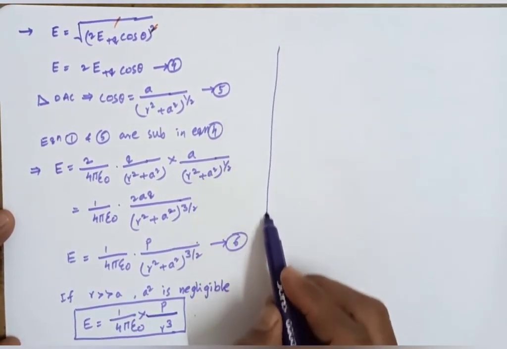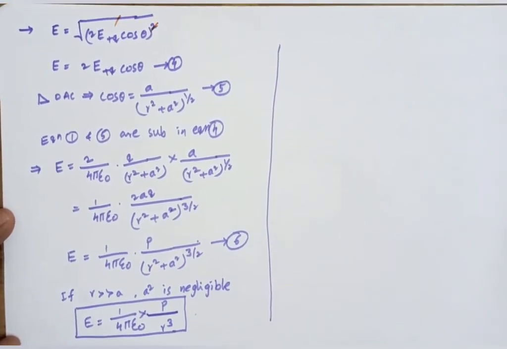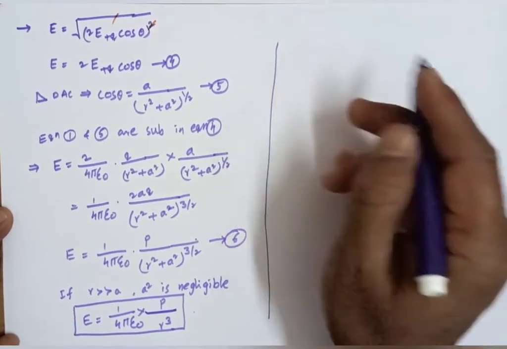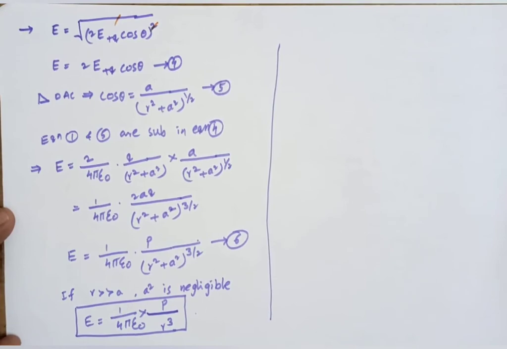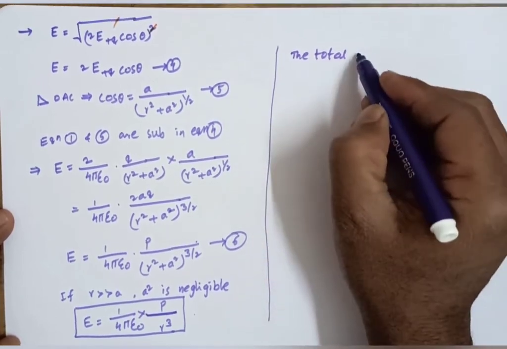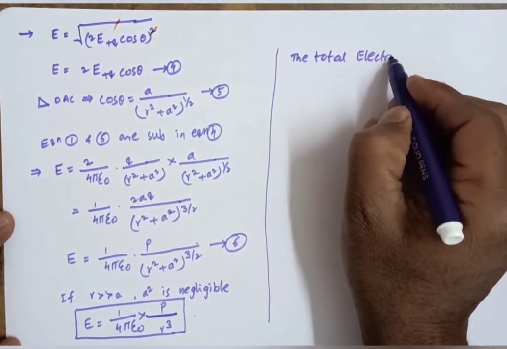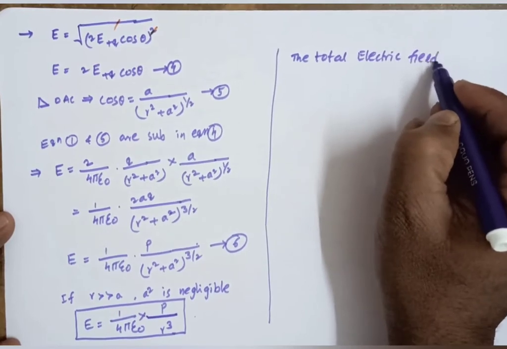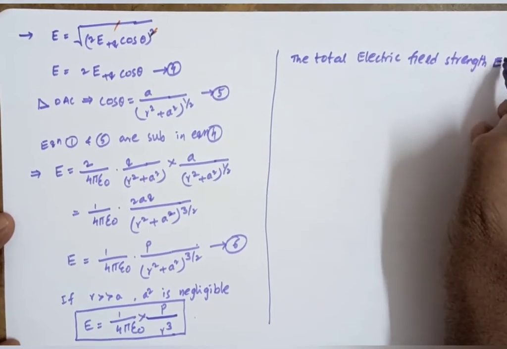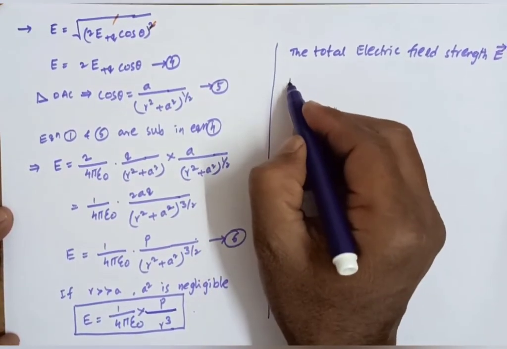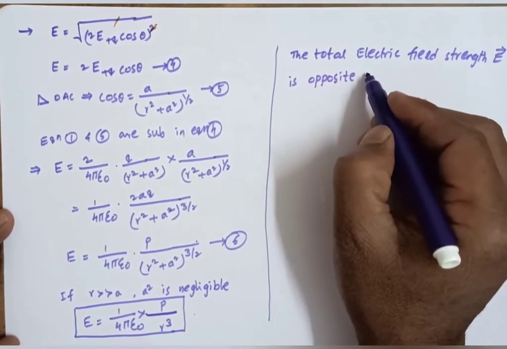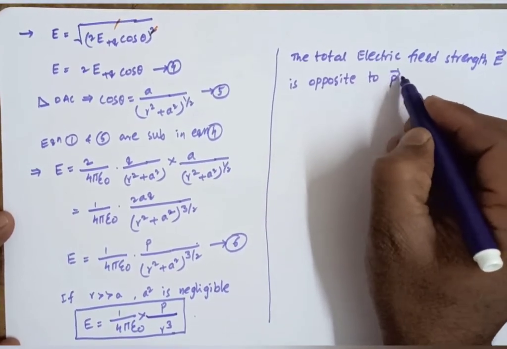Okay, next we consider the total electric field. The total electric field strength E is opposite to P bar.